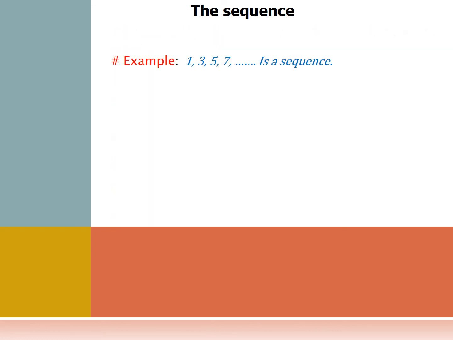Example: 1, 3, 5, 7, etc. The odd numbers are a sequence. The explicit formula is an equals 2n minus 1. For the first term a1, we have 2 times 1 minus 1, which is 2 minus 1, equal to 1. So we substitute the value 1 instead of n for the first term.